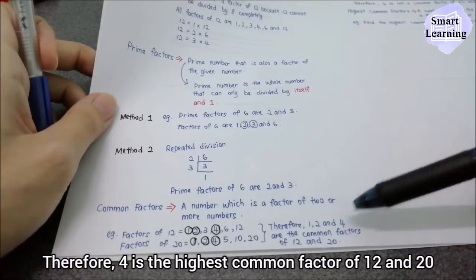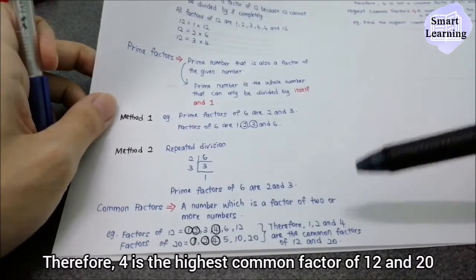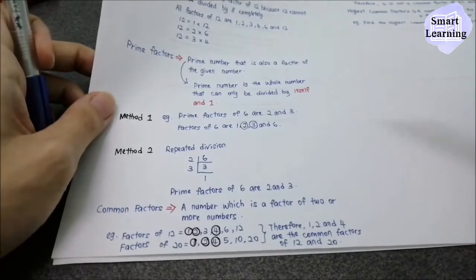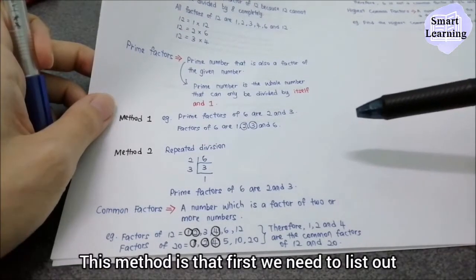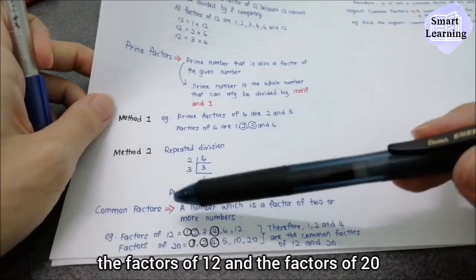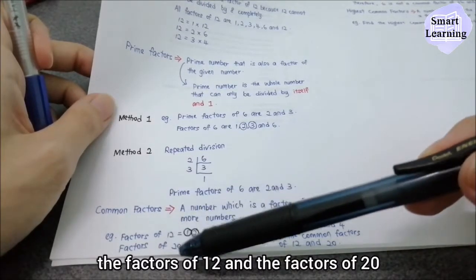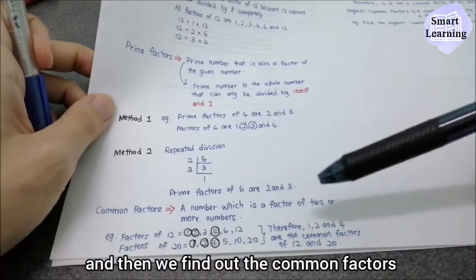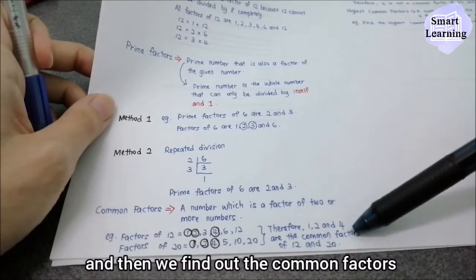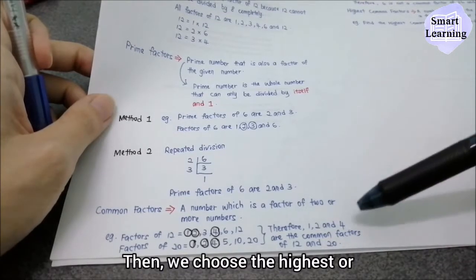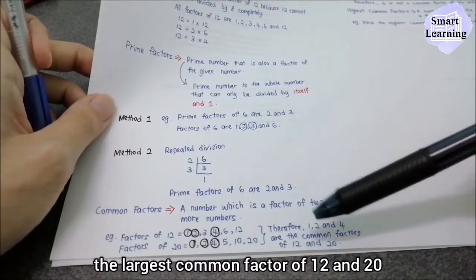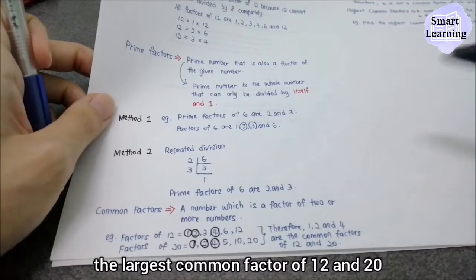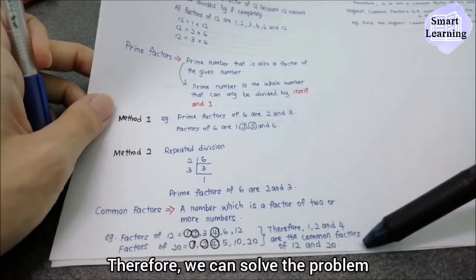Therefore, 4 is the highest common factor of 12 and 20. In this method, we first list out the factors of 12 and the factors of 20, then find the common factors, and then choose the highest common factor. Therefore, we can solve the problems.